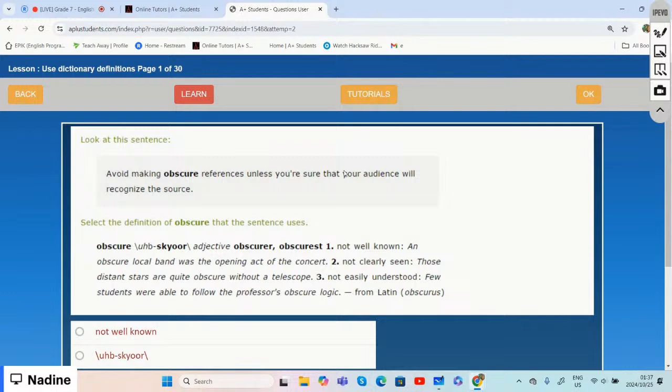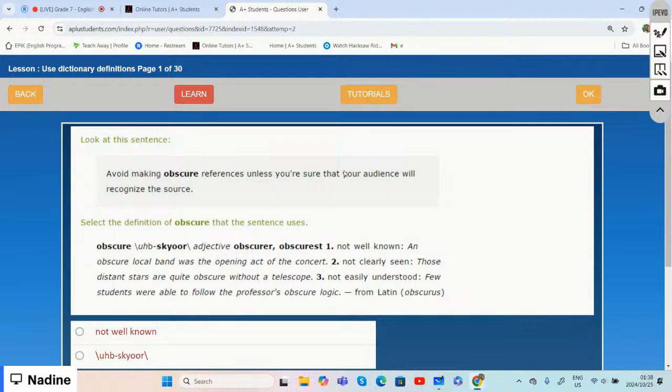If we were to find the definition of obscure, and look at the specific entry, it says we need to select the definition of obscure.